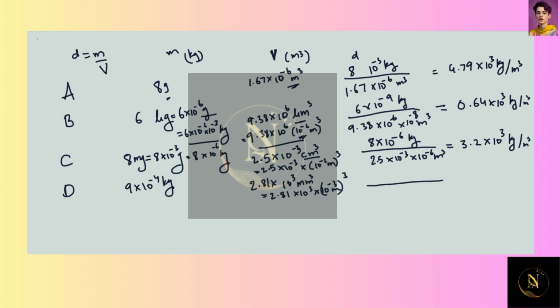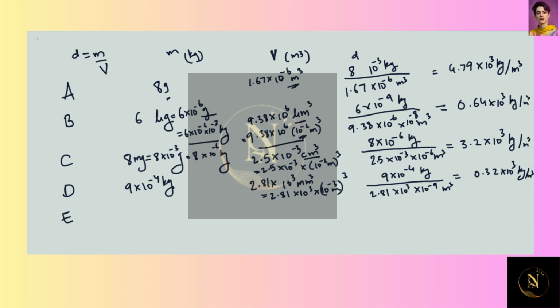Now the density is mass by volume. The mass is 9 into 10 power minus 4 kilogram. The volume is 2.81 into 10 cubed into 10 power minus 9 meter cubed, which turns out to be 0.32 into 10 cubed kg per meter cubed.